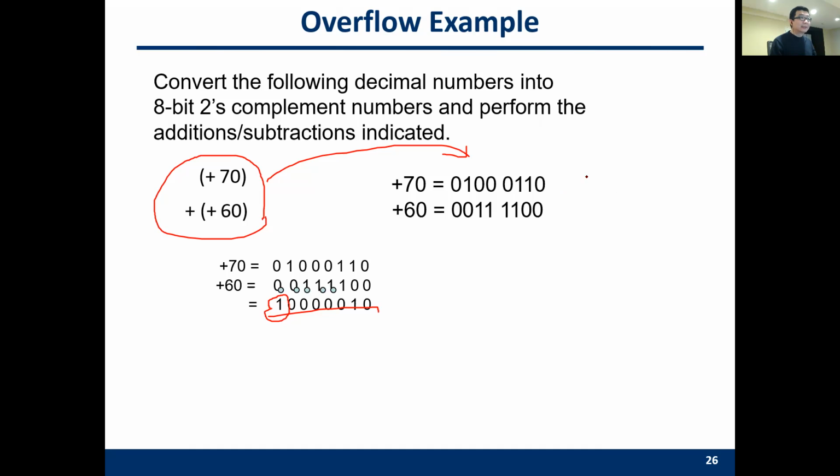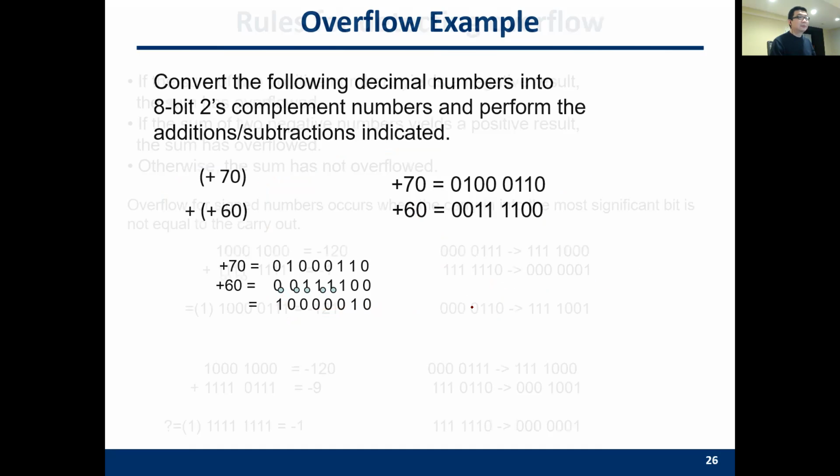So back to this example, the sum should be 130, or the correct result should be this number. The problem here is that we cannot represent this number by only 8 bits. In order to correctly represent this number, at least we need 9 bits.